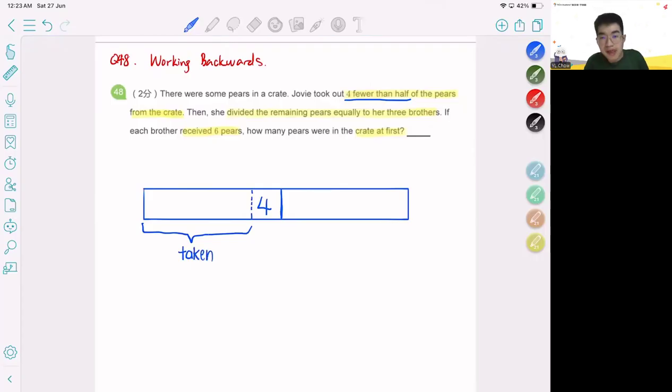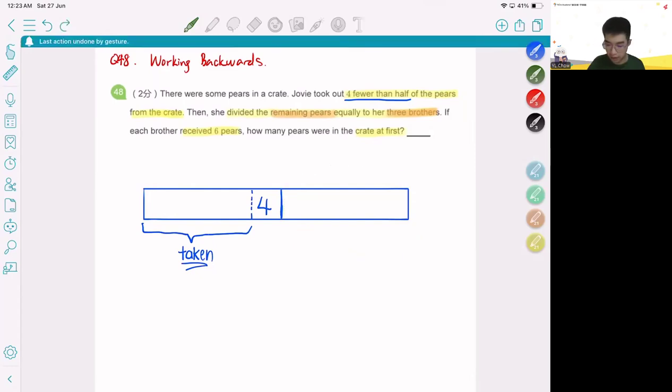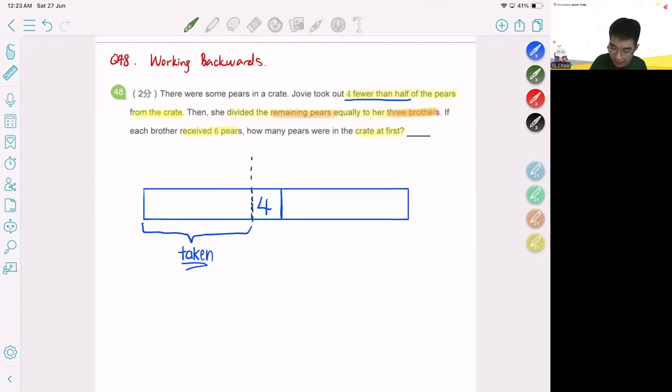Okay, so now she took this part from the crate and she wants to divide the remaining pears equally to her 3 brothers. Where is the remaining pears? Can I just say the remaining is this part? No, the remaining also includes the extra 4, that is previously not taken. So this part that I have outlined represents the remaining.